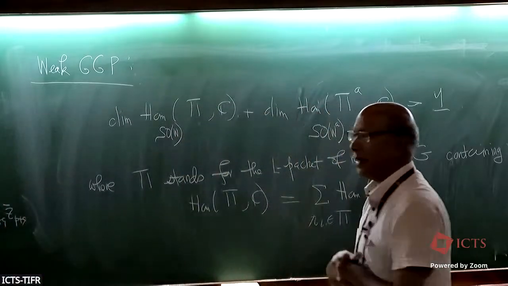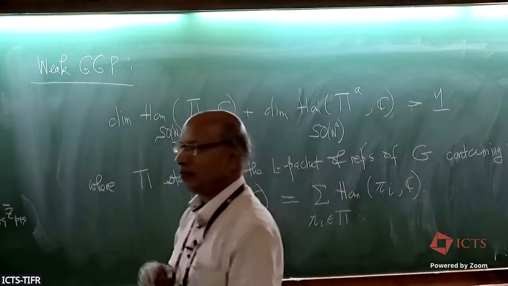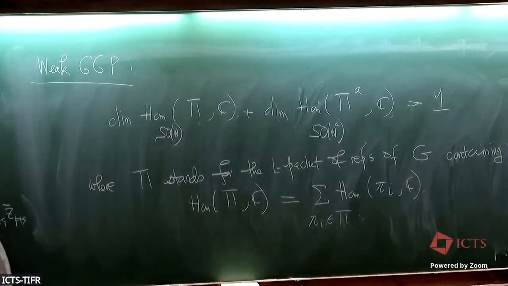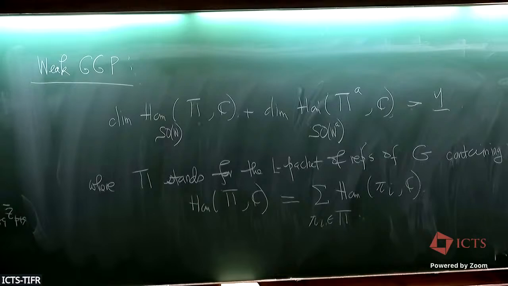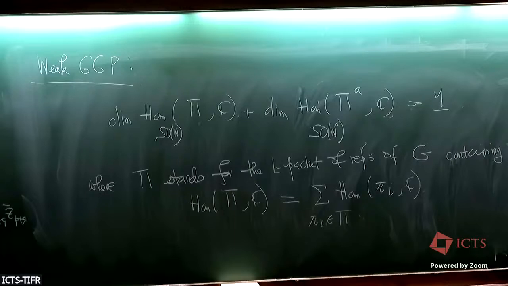Then the main question GGP would like to answer is that there is a particular representation in the Vogan packet which carries the invariant form. Given Vogan's refinement of the local Langlands correspondence, all you need to do is to come up with a character of the component group, which will define you a group and a representation which will carry that invariant form.